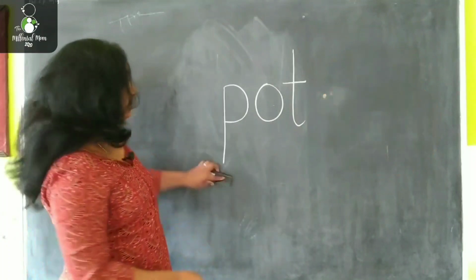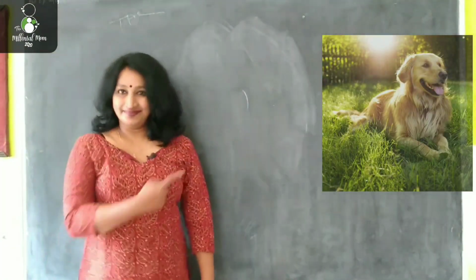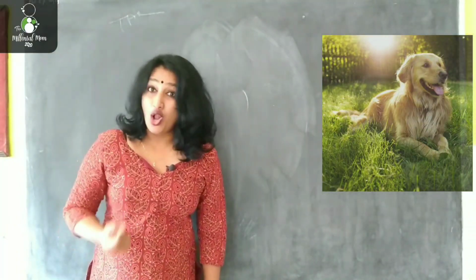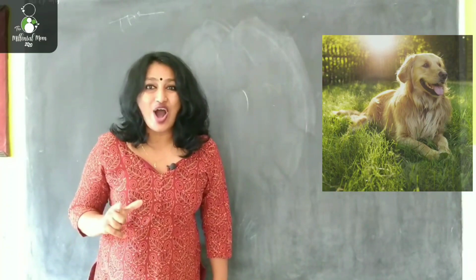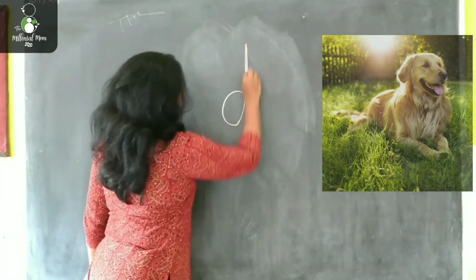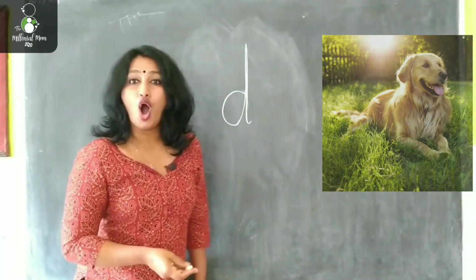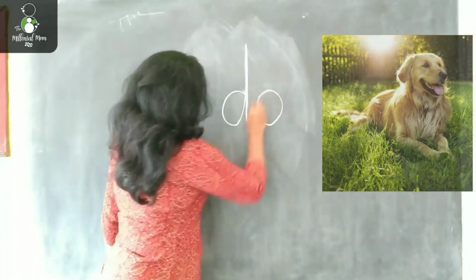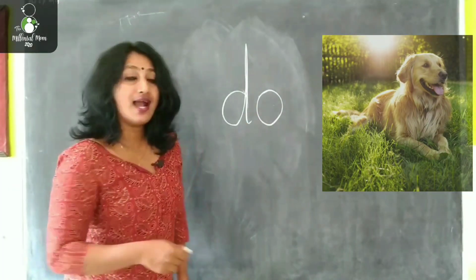Look at the board. What is that? We all know that that is a dog. Dog. D, d, d. G, g, g.